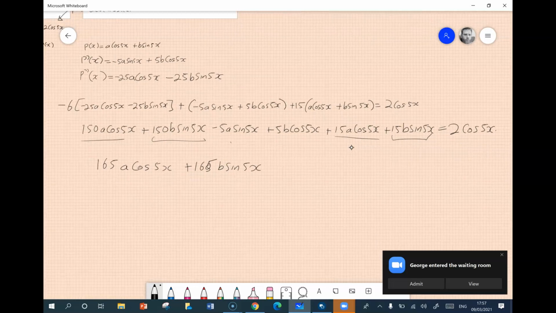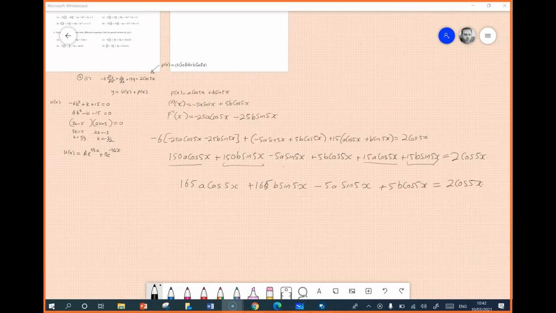And then I have minus 5a sine 5x plus 5b cos 5x equals 2 cos 5x. Okay, I had to take a break there, so just getting back to it. We're just tidying up our like terms.